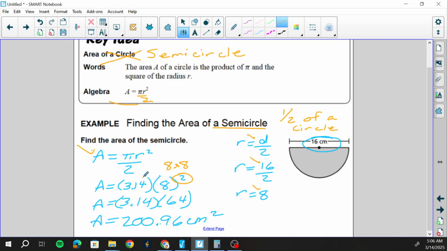We substitute 3.14 in for pi. We substitute the 8 in for the radius. We square that 8, which means multiply 8 by itself. We get 64. We then multiply 3.14 by 64, giving us 200.96. We make sure that our units are on it and they are squared. This is how we find the area of a semicircle.